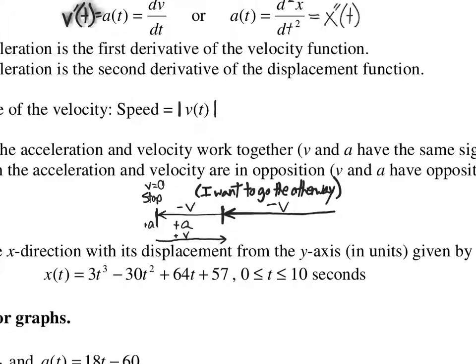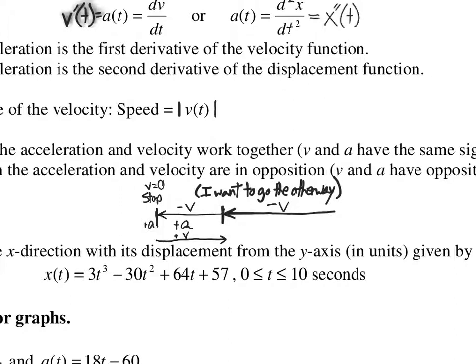Except you got to remember, acceleration is not something that we're necessarily able to see happening. We can see the dog trying to go the other way. That attempt to go the other way is his acceleration in the other direction. That's what's making him slow down and then finally stop and then start to go the other way.